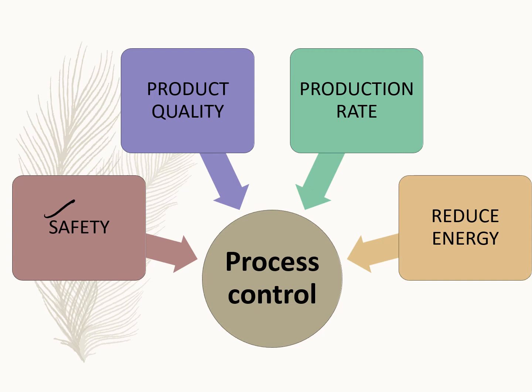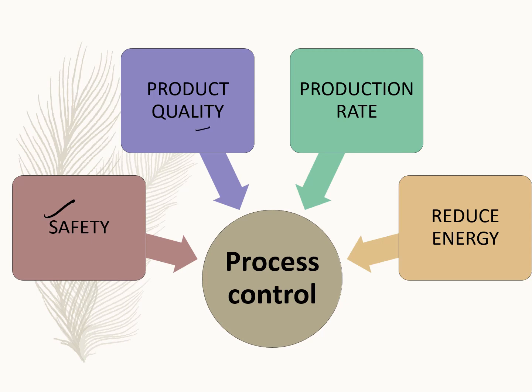Second, to ensure the product quality, like what I was saying just now. For example, if there are any changes inside the process, it will cause the desired product value to fluctuate, right? That means if we want to produce 50 kg of pepper, but suddenly there is a change in the flow rate of the raw material, it can affect the product quality, right?